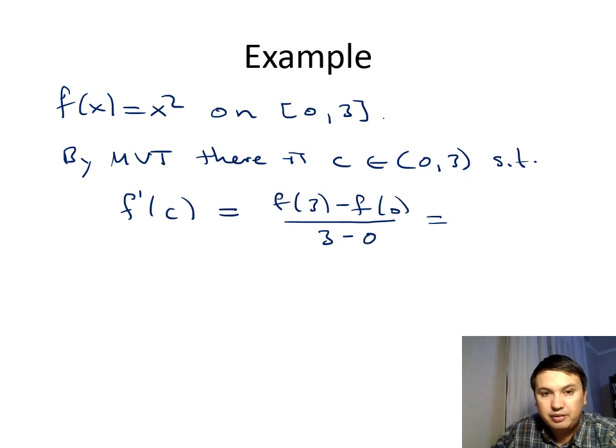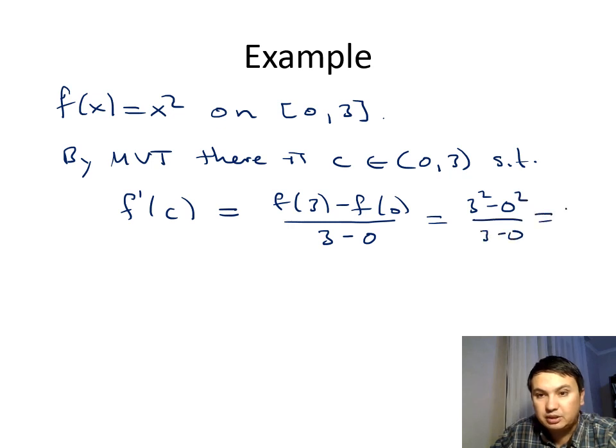What is f of 3? It's x squared, which is 9. So 3 squared minus 0 squared, over 3 minus 0, is 9 over 3, which is 3. So the mean value theorem states that there is a point C where the derivative is going to be 3.